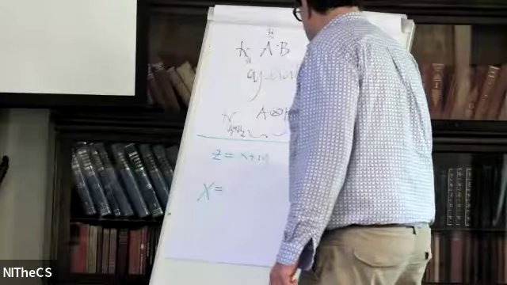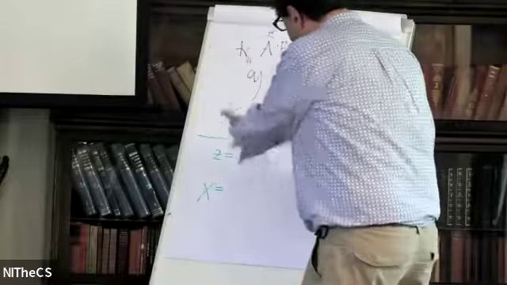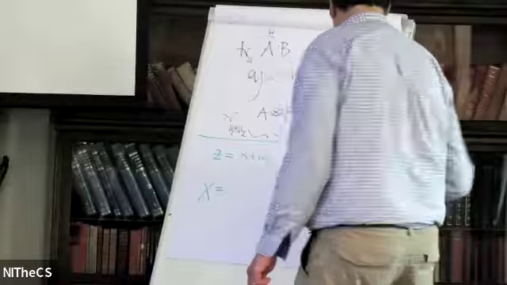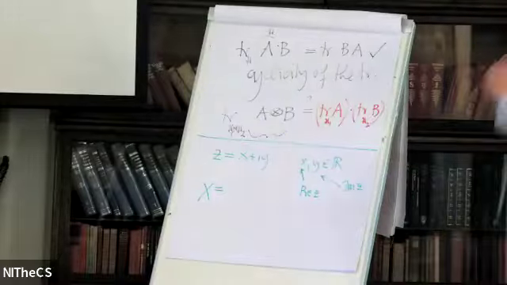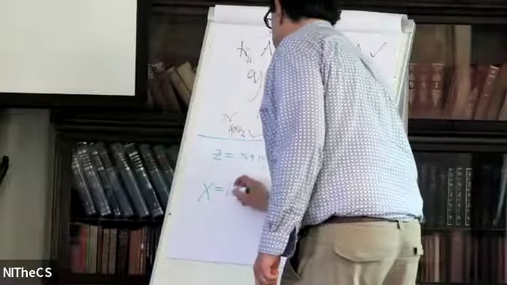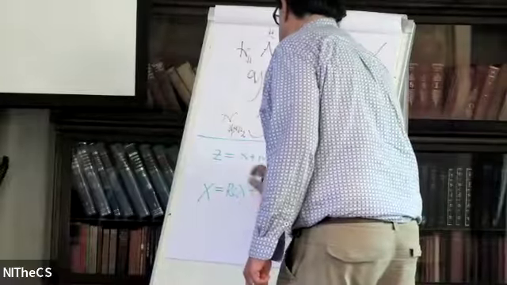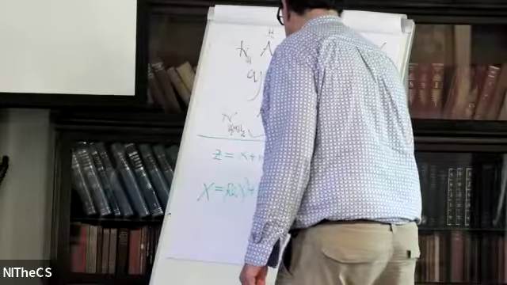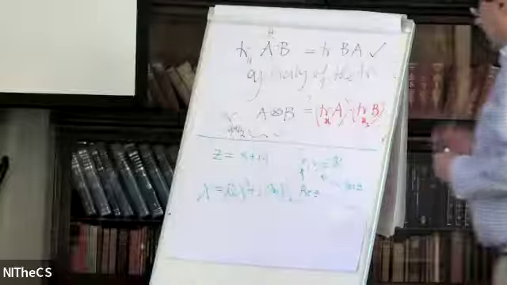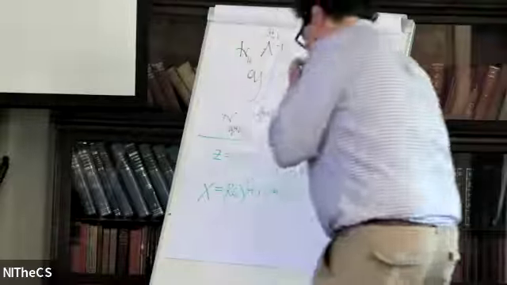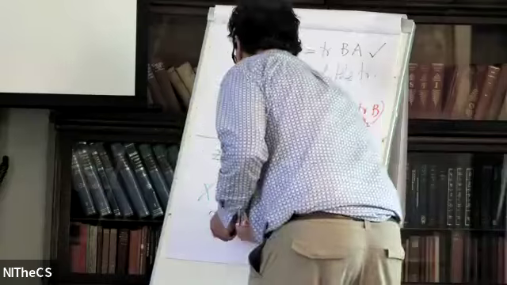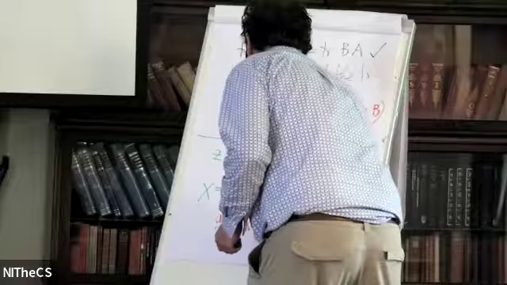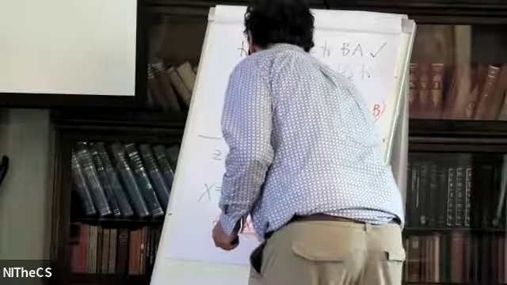Small x is called the real part of z, and small y is called the imaginary part of z. I can also write X as the real part of X plus i times the imaginary part of X. If I define the real part of X, by definition, this should be X plus X adjoint over 2.